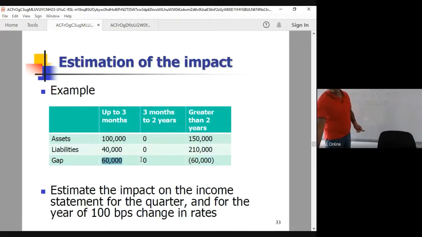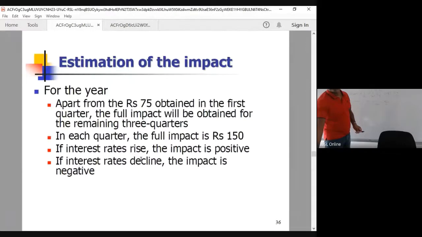So what you're trying to get at here is you're trying to see for each of the quarters, the full impact, like Ruchir just asked, would have been 150. We didn't average it. So if you took 150 into 4, that would have been 600. Agreed? But instead of 600, because of the first 3 months, we know what the number is and what the impact is, we are taking only 75.